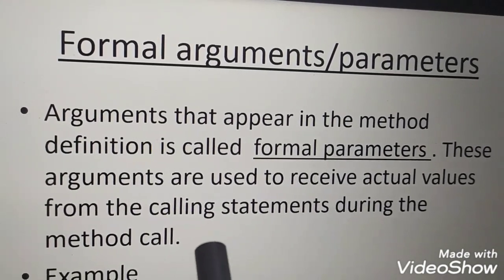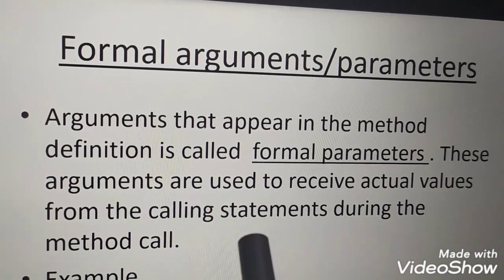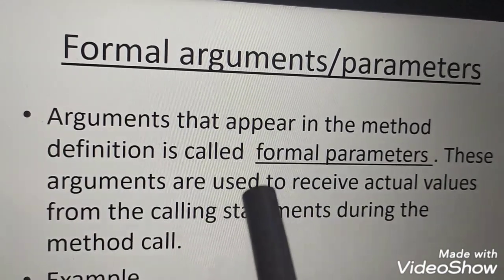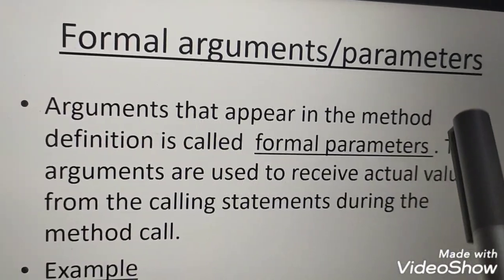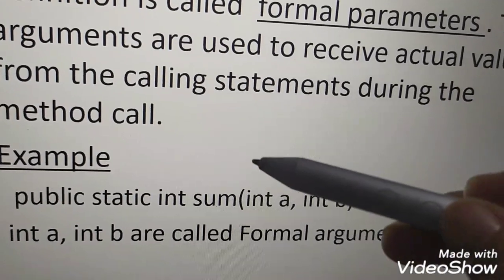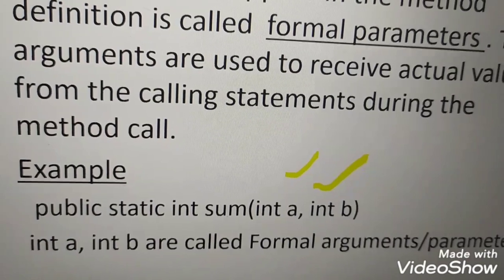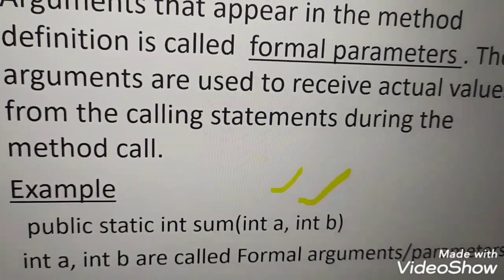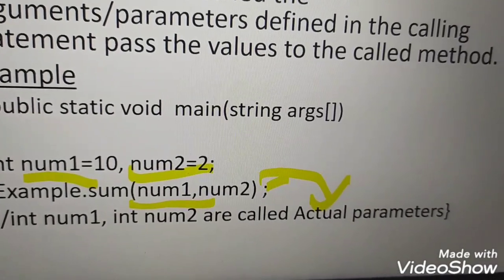We already discussed that x and y are the actual parameters, and when their values are passed to a and b, a and b are known as the formal parameters. Look at here, the int a and int b. These int a and int b are known as formal parameters, but here the num1 and num2 are known as actual parameters.